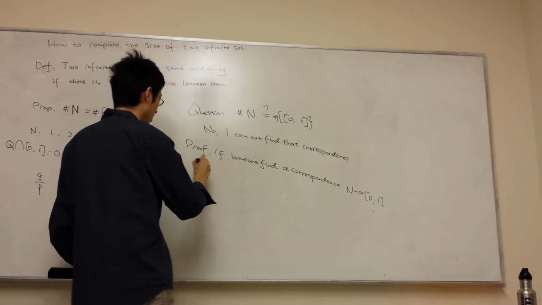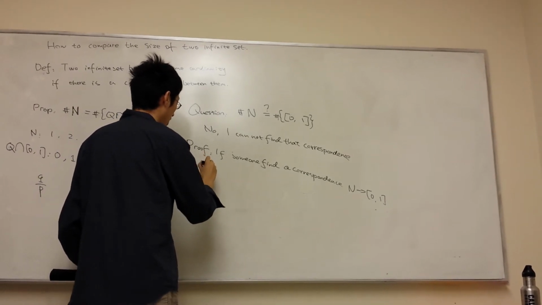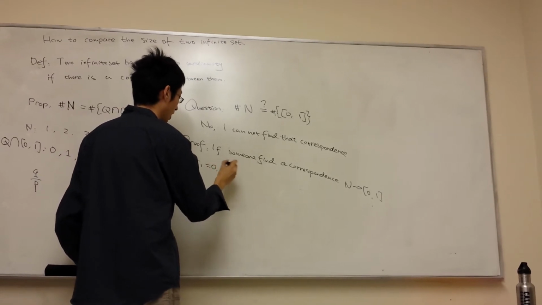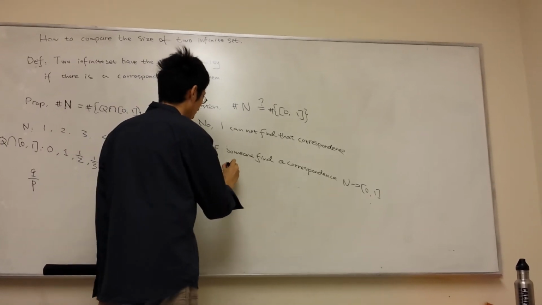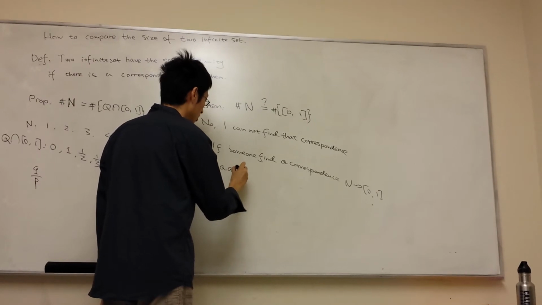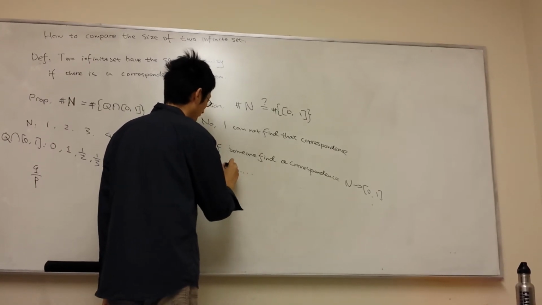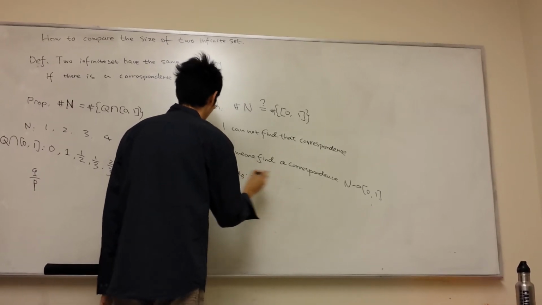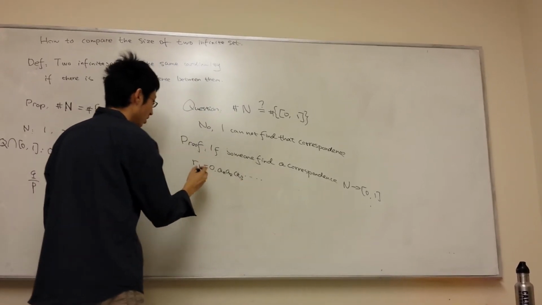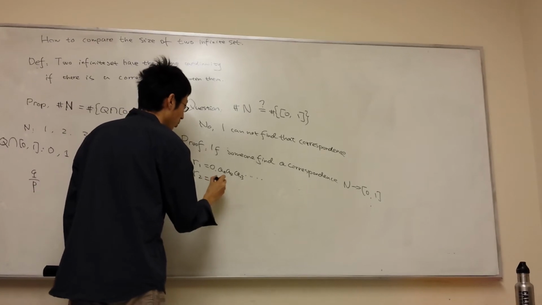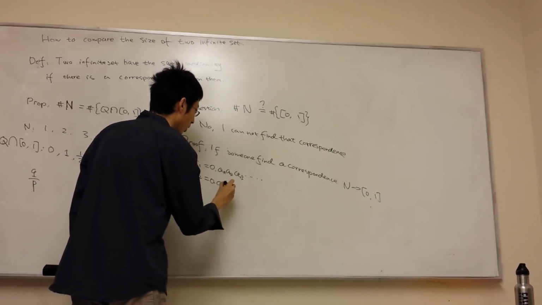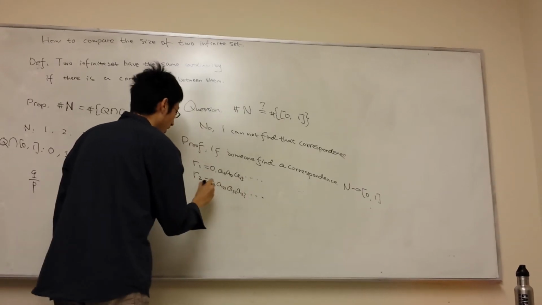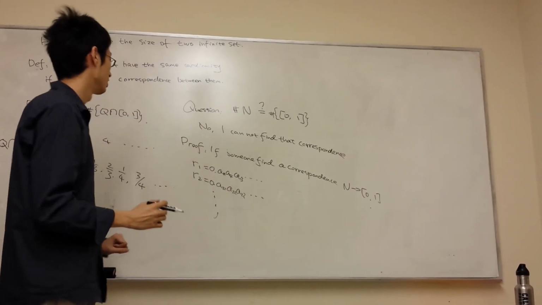Say r1 is equal to 0.a11, a12, a13, and r2 equals 0.a21, a22, a23, and we follow this pattern.